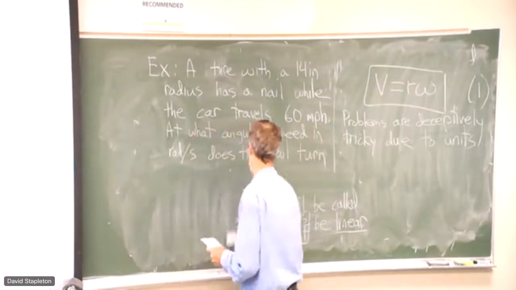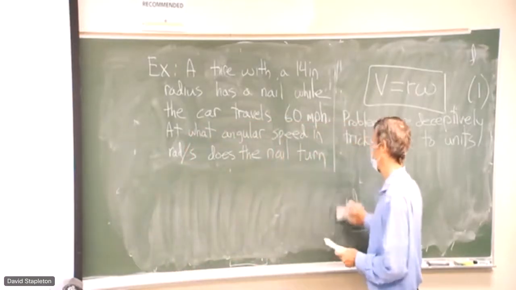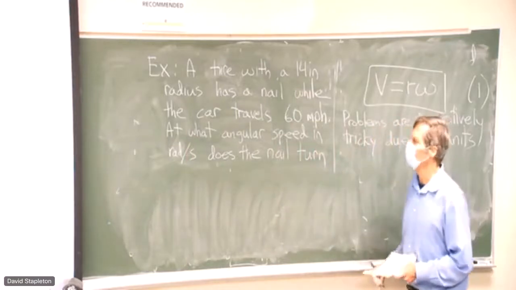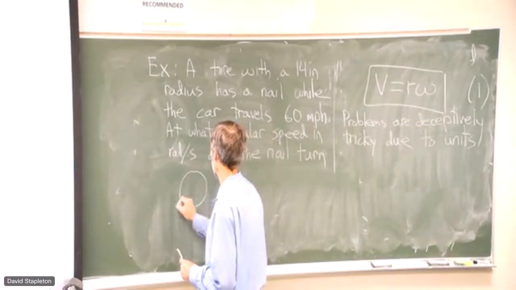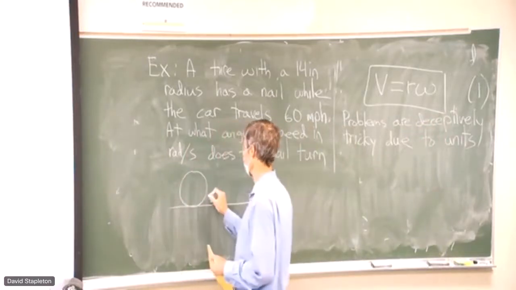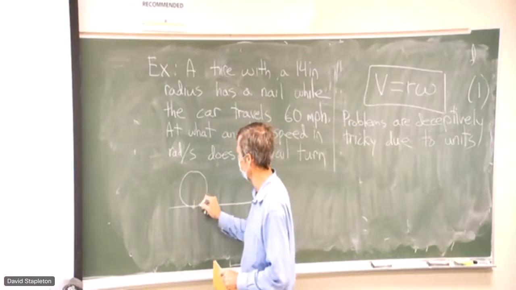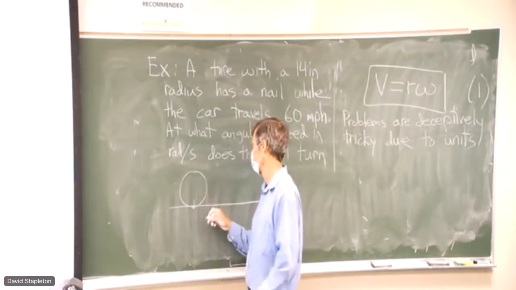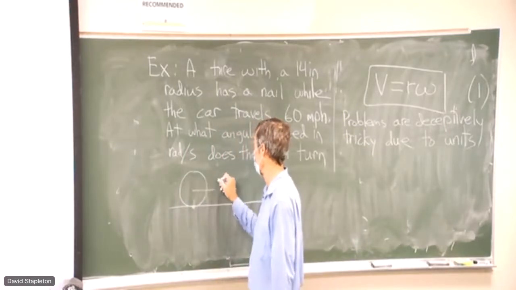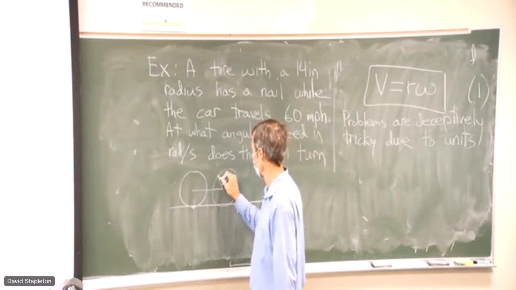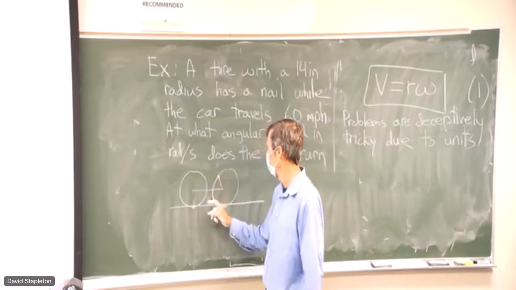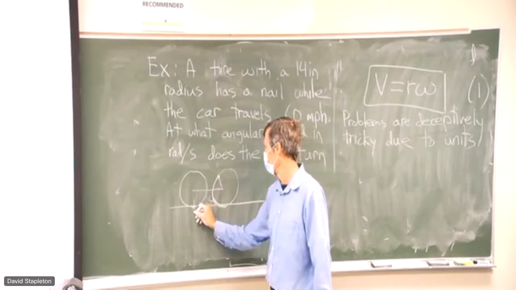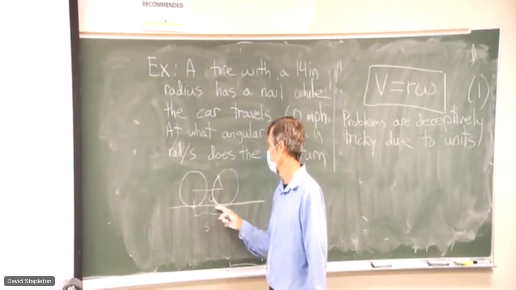And it's the application that makes it tricky here in the unit. First thing to recognize, this is the car's wheel traveling along the road. I've got a nail in there. Assume the car travels without slipping, as the wheel moves over to here somewhere, the nail rotates around to some position, and this arc length swept out along the circle is the same as the distance along the road.